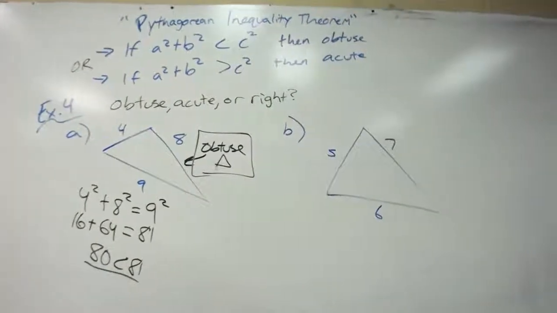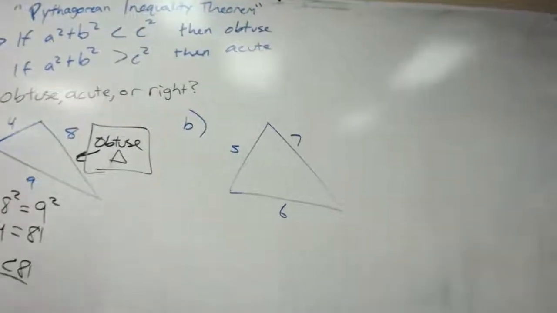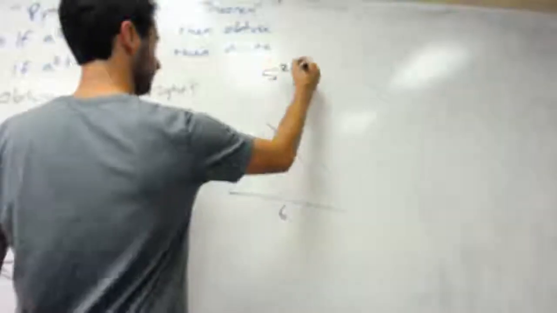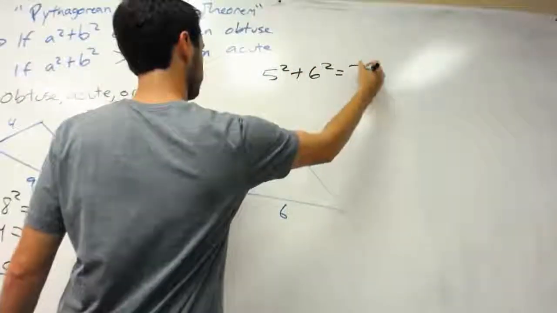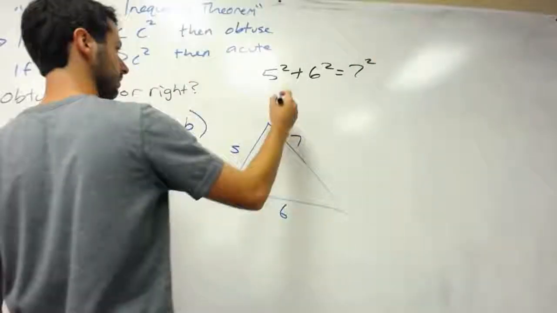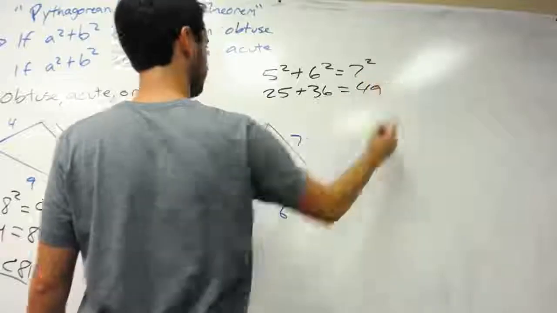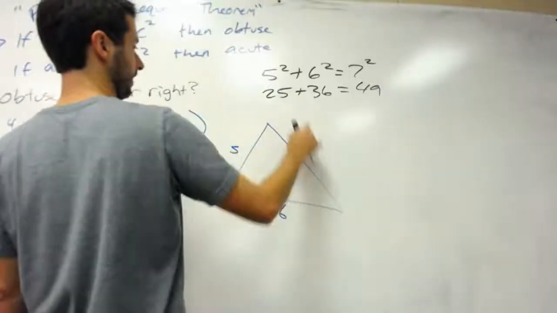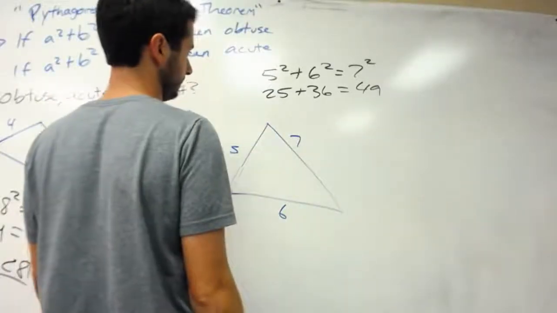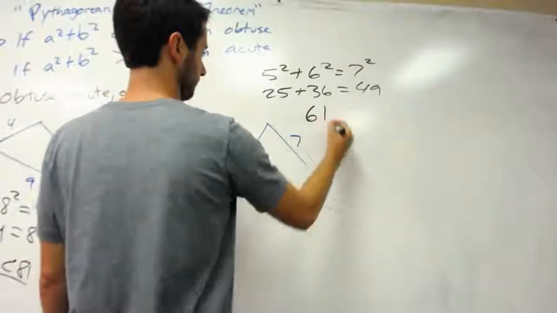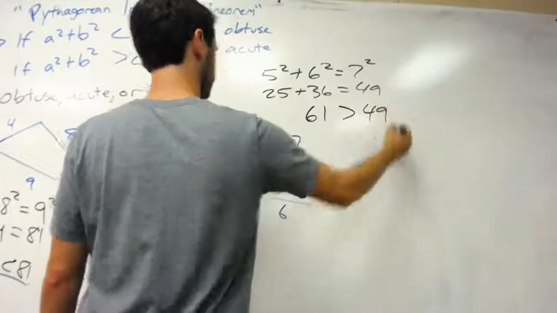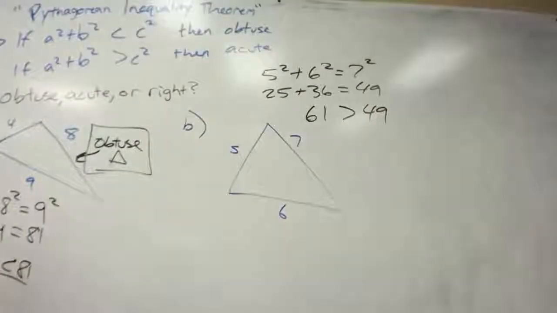And we do the same thing for B. Take our two smallest sides, set them equal to the hypotenuse squared. 25 plus 36 equals 49. 25 and 36 is 61. That's greater than the other side, excuse me.